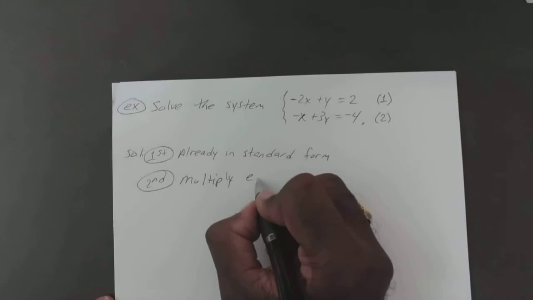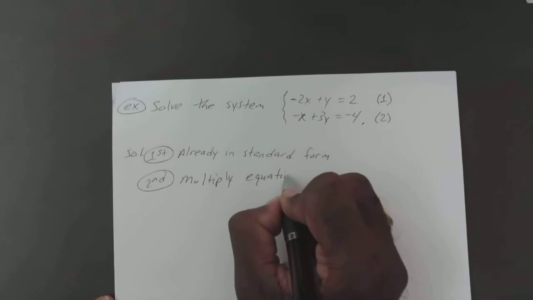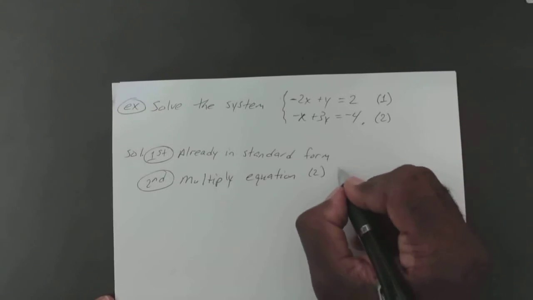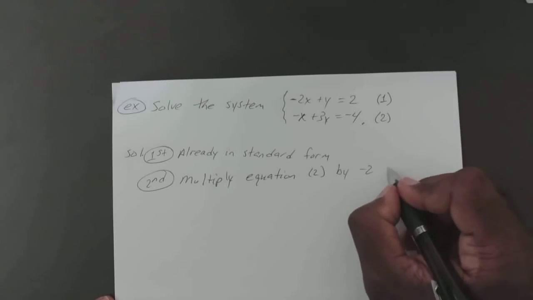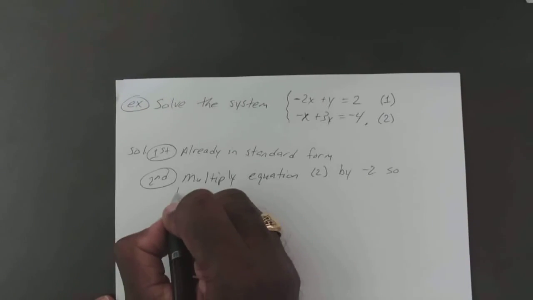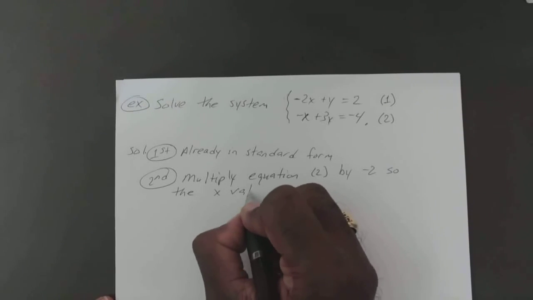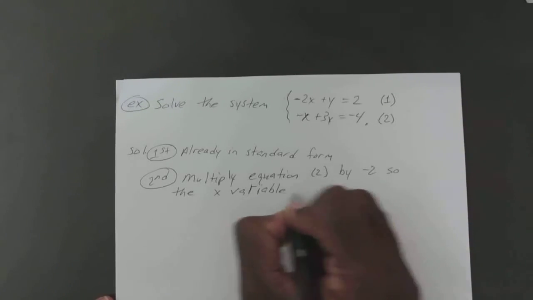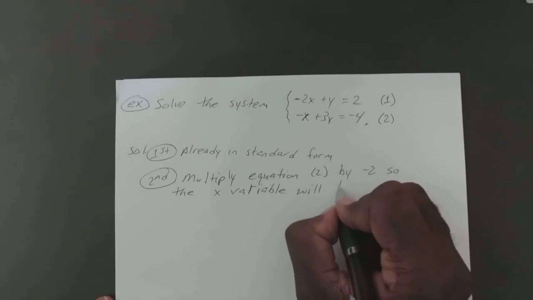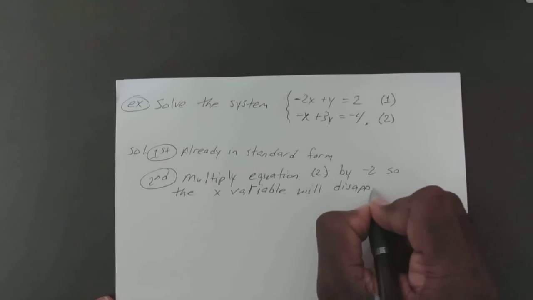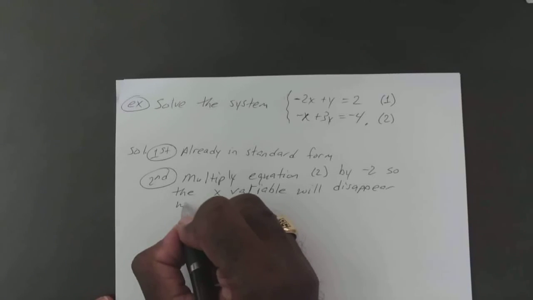Okay, so we're going to multiply equation 2 by negative 2, so the x variable will disappear when we add it.